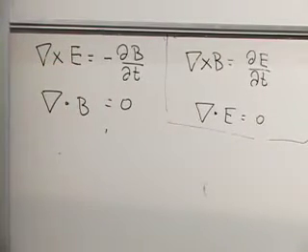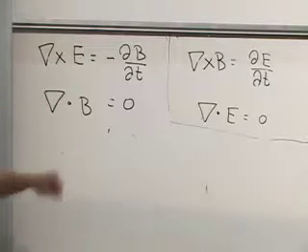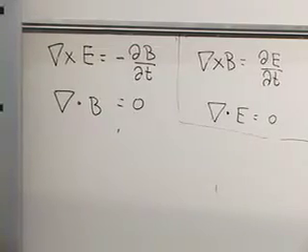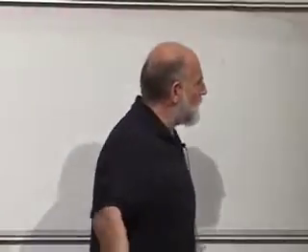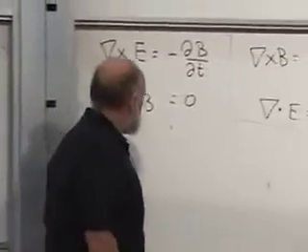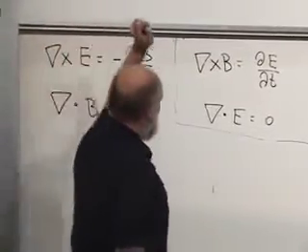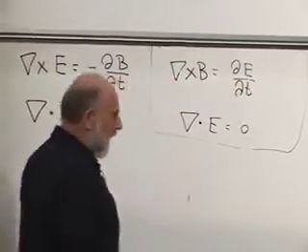This is easy to do, so we'll need a clear blackboard over here, and we'll need to manipulate this a little bit. I have E and B all mixed up, but I want to write an equation just for the electric field. I want to isolate just the electric field and see how it behaves. So here's what I do. Take this equation over here, and let's differentiate it with respect to time.